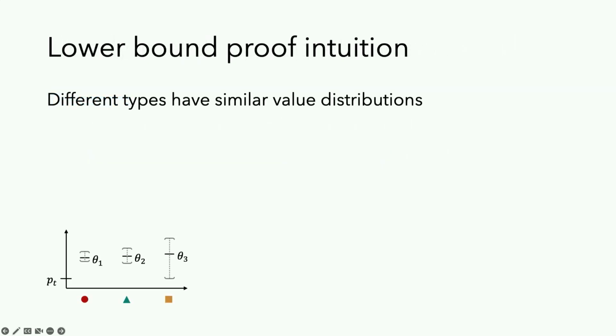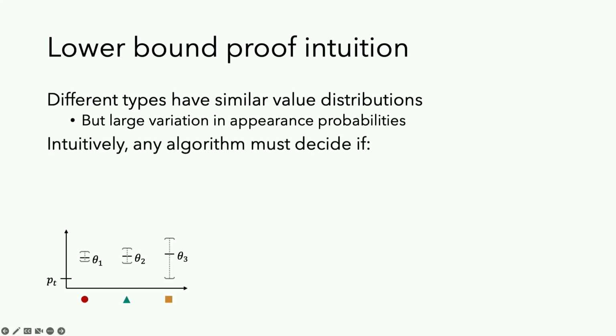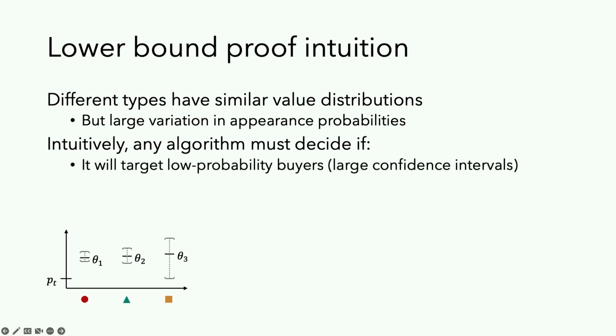I'll say a little bit about the intuition. In our worst case construction to prove these lower bounds, we have different types with a similar value distribution but large variation in how frequently they appear. Intuitively, any algorithm needs to decide: will I target the low probability buyers, who will have low confidence intervals, or will I ignore those low probability buyers and just target the relatively frequent buyers?